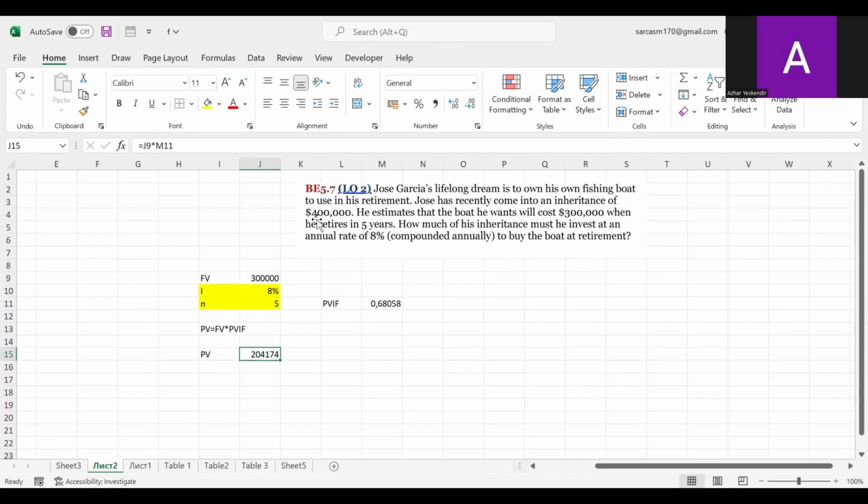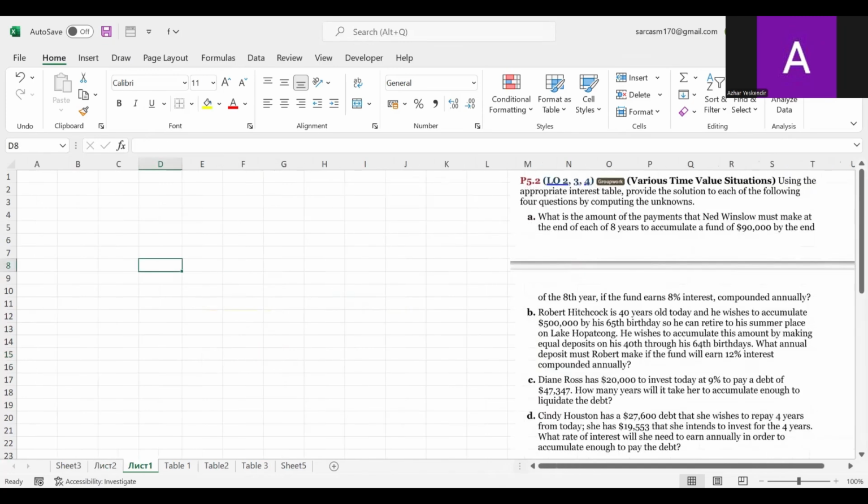Out of 400,000, he has to invest right now just $204,174. That's all. Okay, I hope you've got this one, and we can move to problems a little bit harder.